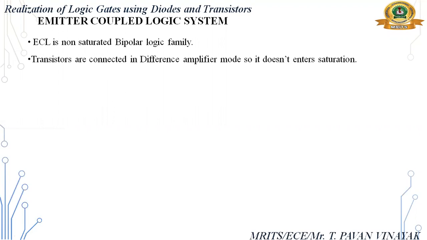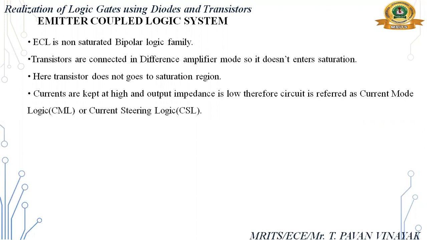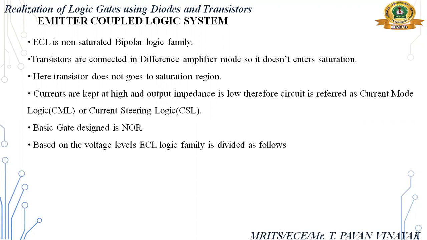Transistors are connected in difference amplifier mode, and currents are kept high. Therefore this circuit is referred to as current mode logic or current steering logic family. The basic gate designed in emitter logic is the NOR gate.